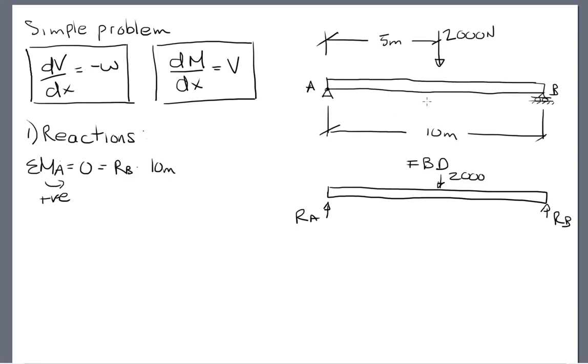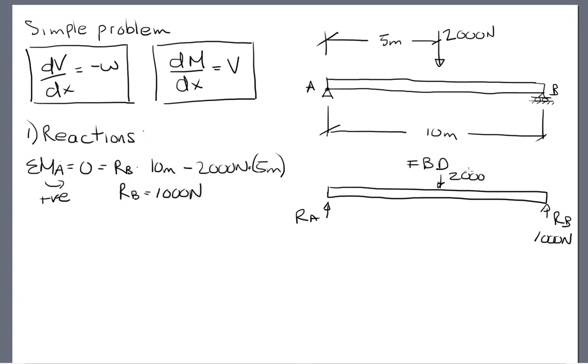The 2,000 newtons pushes this way, so it's going to be negative, right? So minus 2,000 newtons times 5 meters. Solving for RB, we get RB is equal to 1/2 of 2,000, which equals 1,000 newtons.